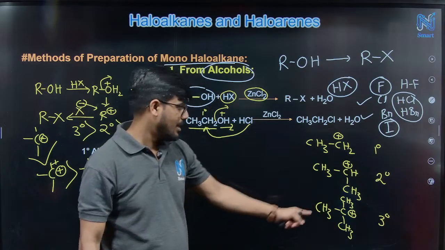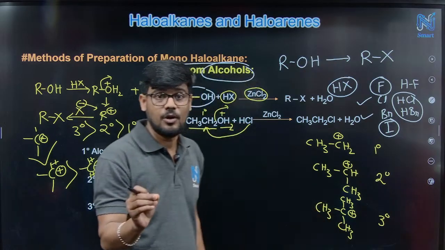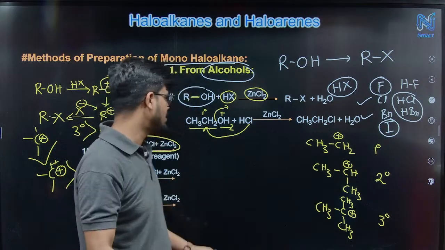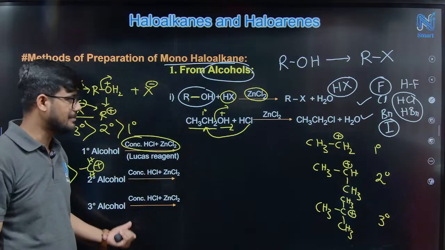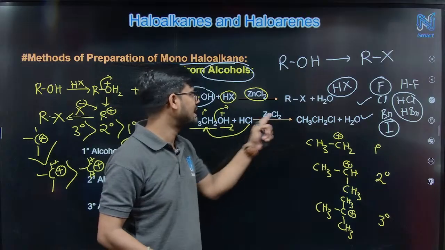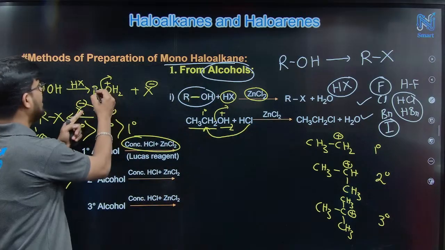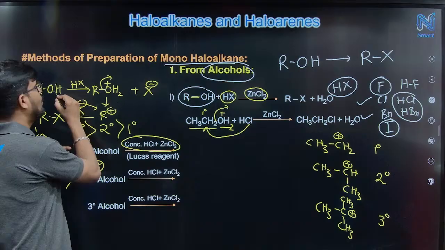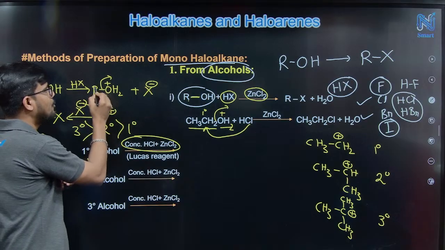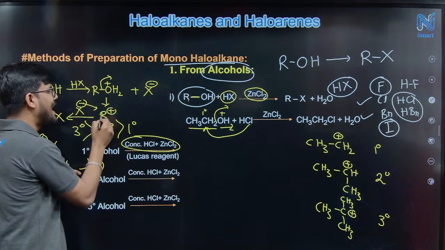So that means whenever we have 3 degree alcohol, that will react very fast in presence of Lucas reagent. Water will be released, like I already showed in that mechanism, that from ROH, OH will become OH2, water will be released and the positive charge will be on the alkyl part.